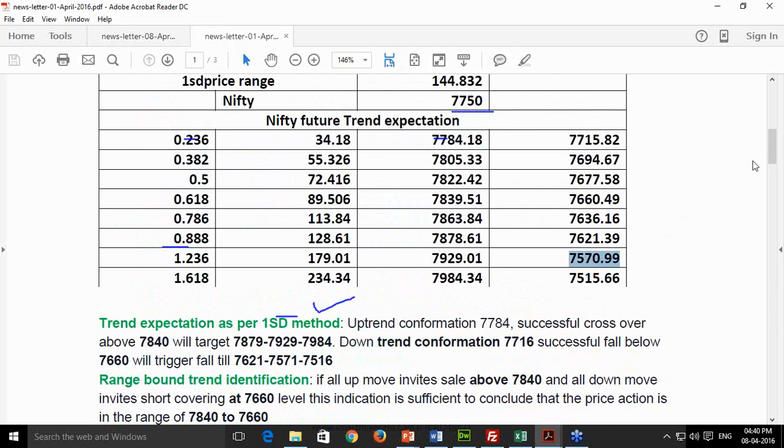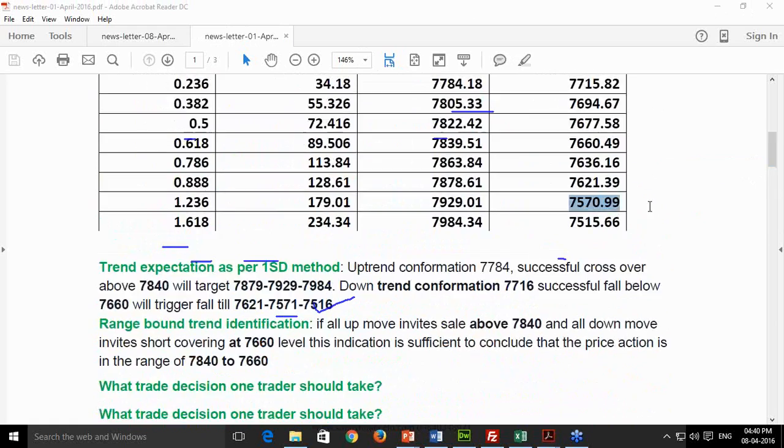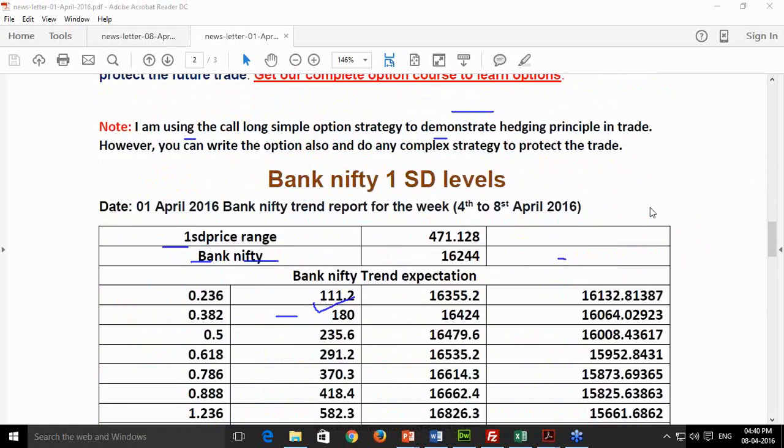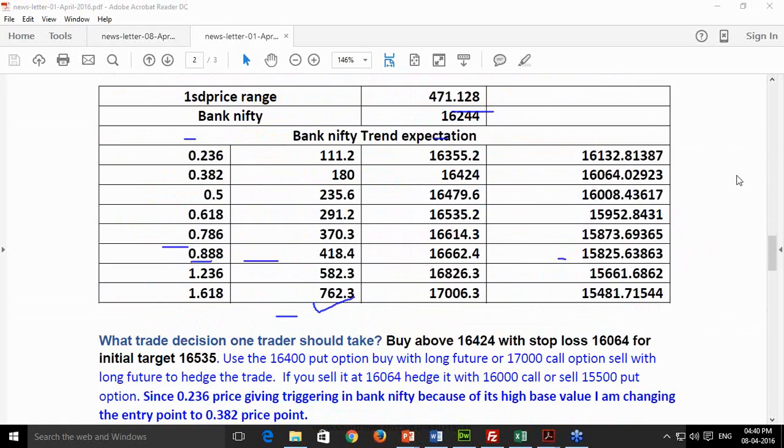On the 6th or 7th, Nifty made a 7548 level. So the 1.236 level which we calculated for last week, 7571, was very much penetrated. If you compare it with Bank Nifty, the last target we calculated was 15,481.